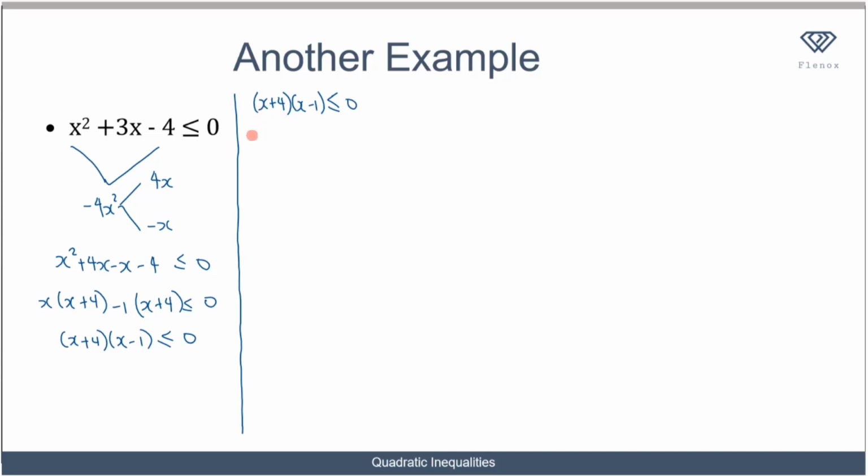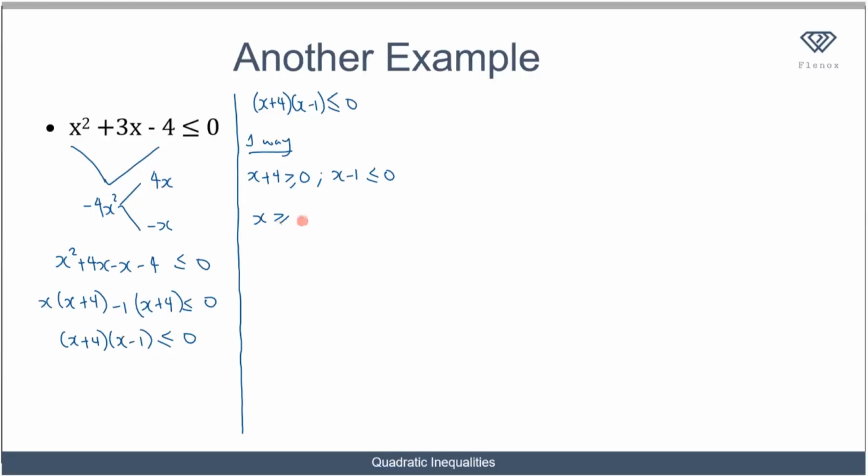So the first condition is that x plus 4 is positive, so x plus 4 is greater than 0 while x minus 1 is less than or equals to 0.